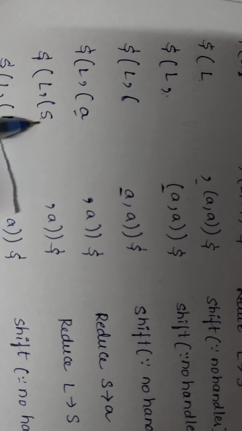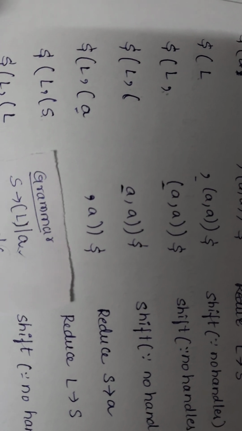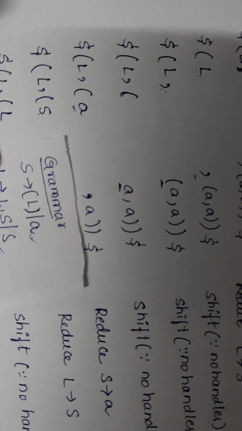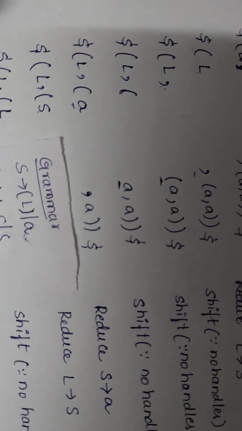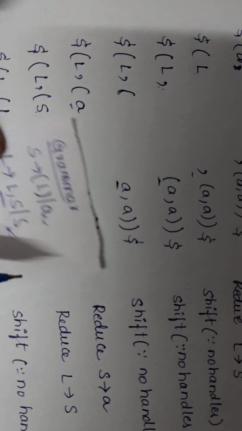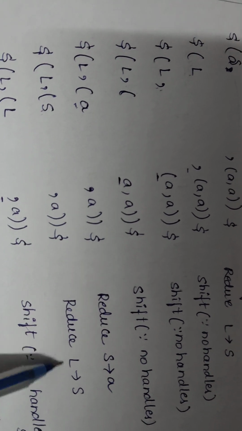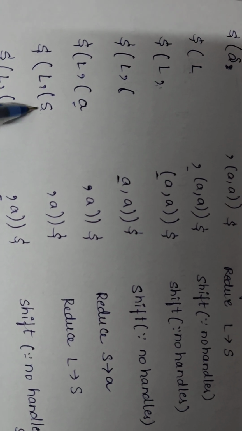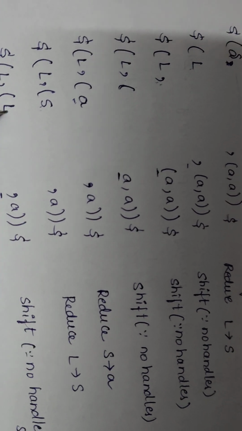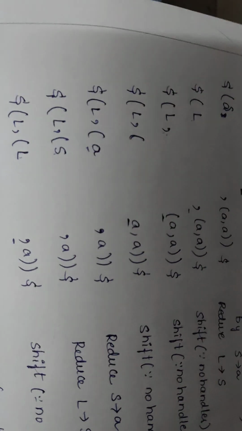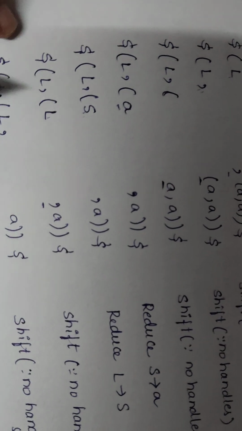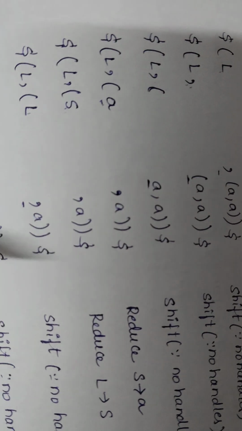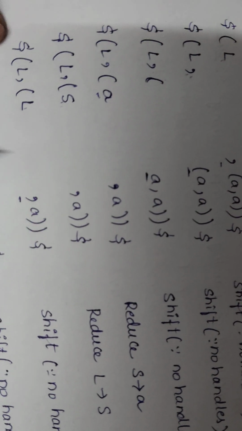Do we have S in the grammar alone? A single element, we have. Okay. So we need to reduce L produces S. Pop this S and push this L here. Okay. Next, do we have this?